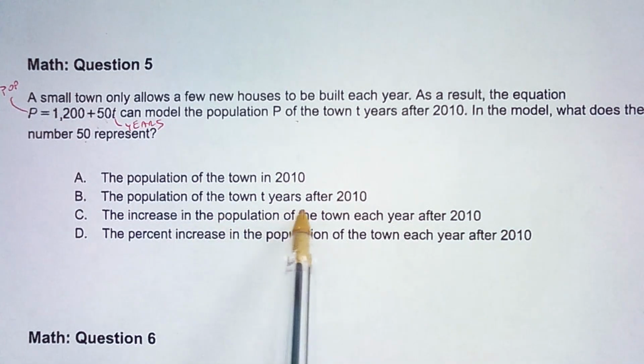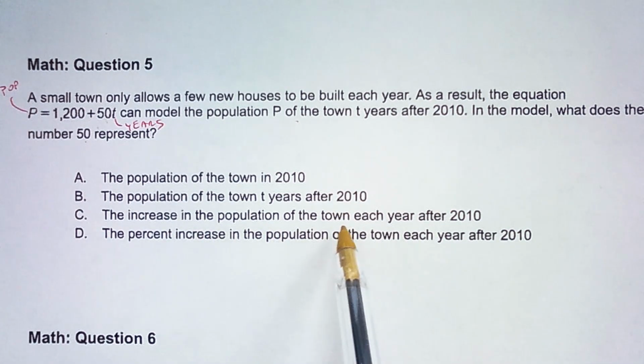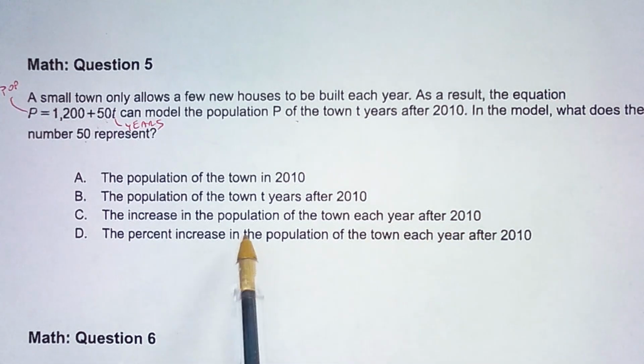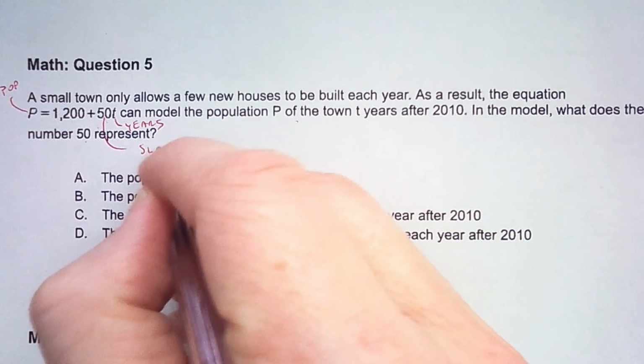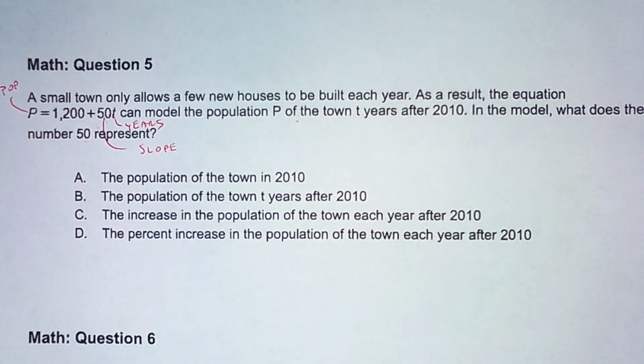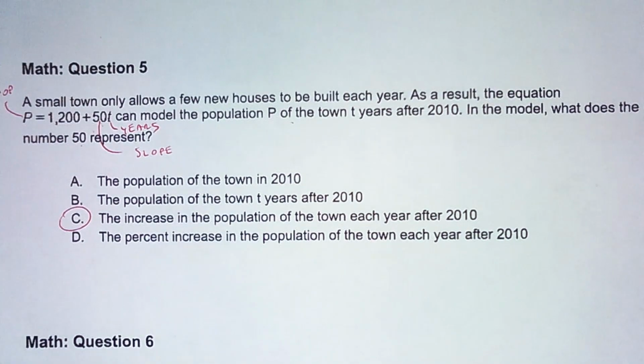The population of the town T years after 2010? No, that would be P. The increase in population of the town each year? That sounds right to me. This 50 right here, that's a slope, which is a rate of increase. The increase each year is what 50 represents.